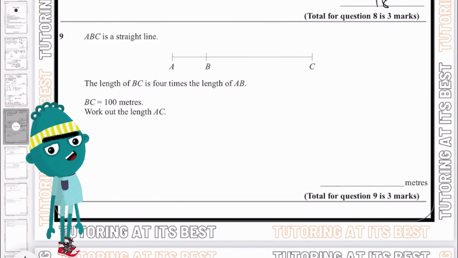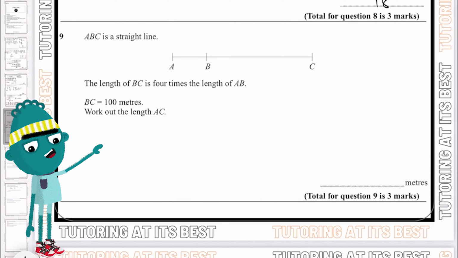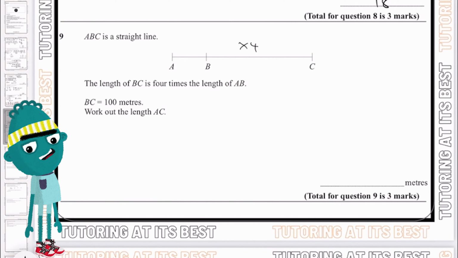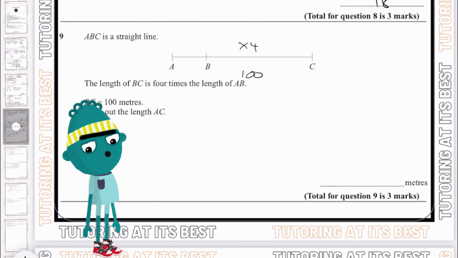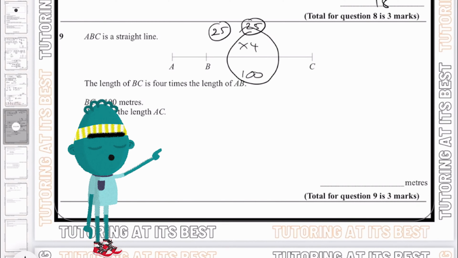Question number 9. ABC is a straight line, and the length of B to C is 4 times the length of A to B. So if B to C is 100, how can we calculate the length of A to C? Well, the first thing I'm going to do is go ahead and divide this by 4 into 4 equal parts. So now I know that this is broken up into sections of 25.